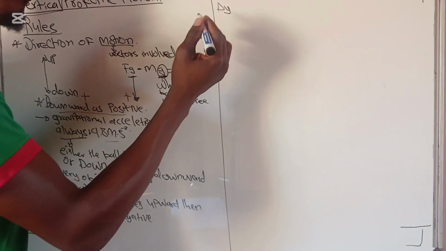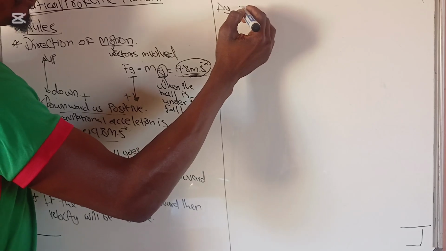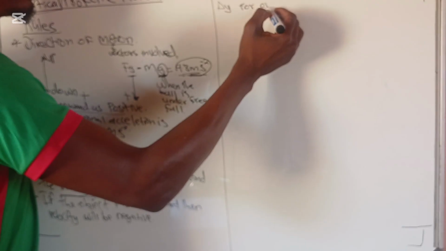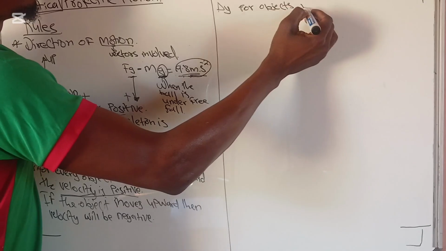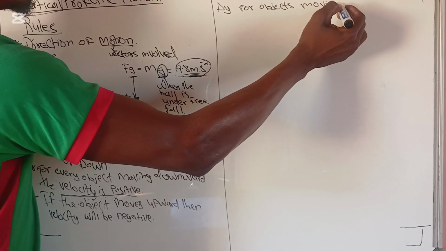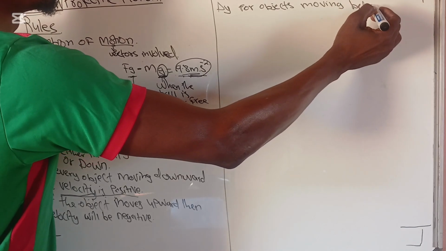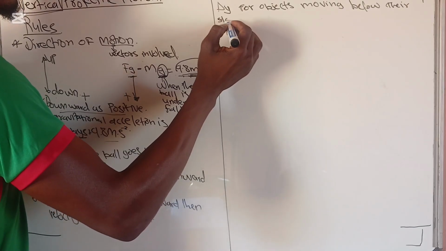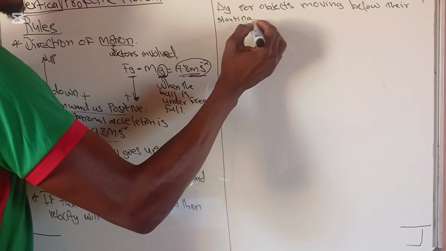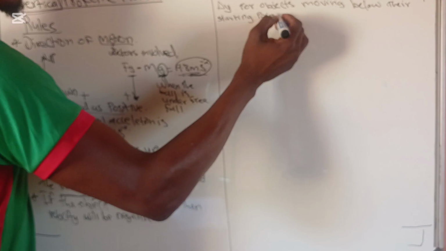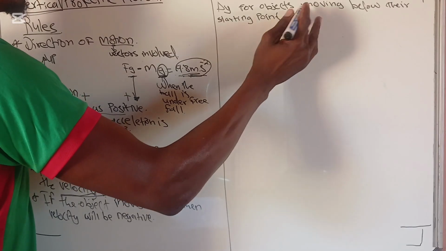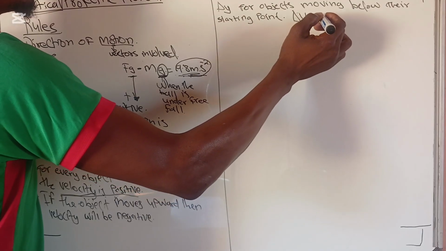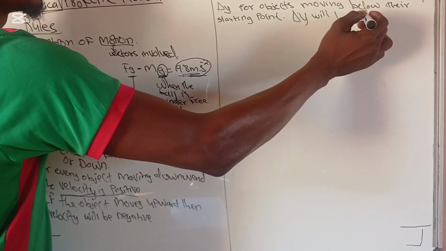Your change in y: the rule says that for objects moving below their starting point, your change in y will be positive.